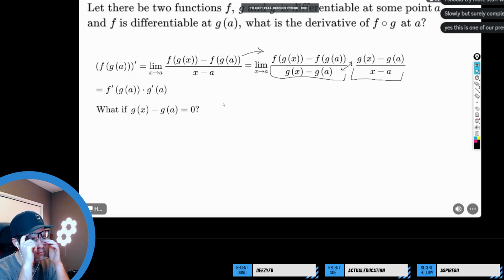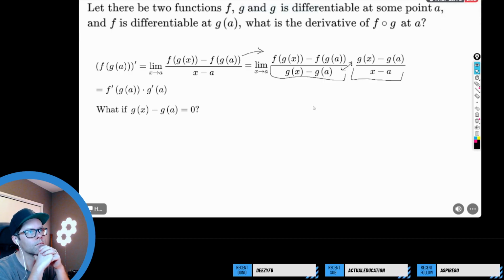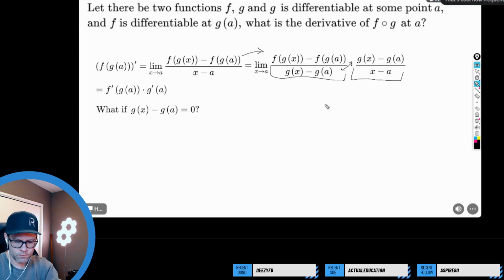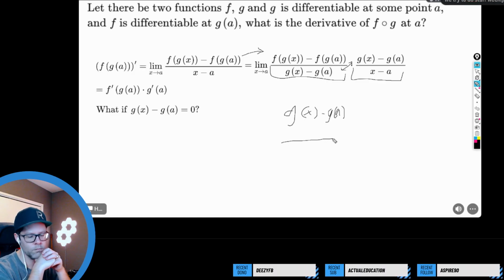And if it is not different than 0, then what can we do? Now, if it is, let's say, equal to 0, we know that it is actually in very close proximity of a constant function.